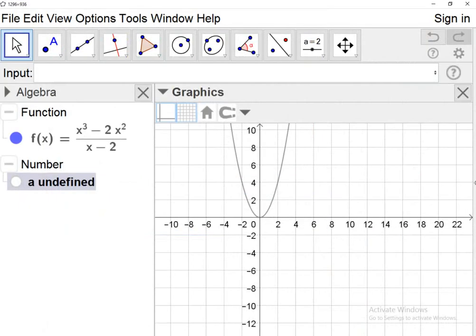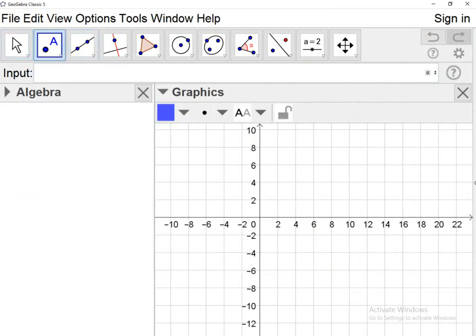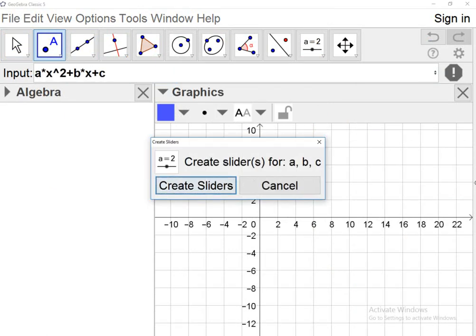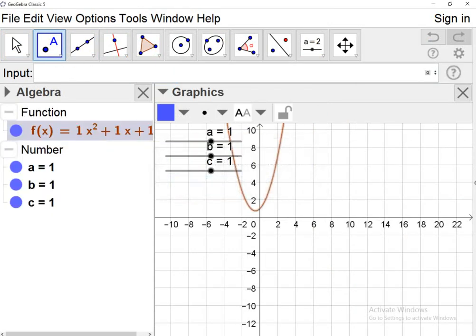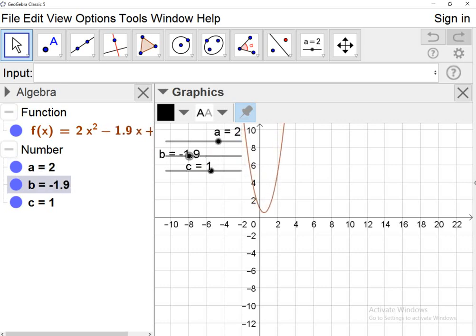So if I were to give you a times x squared plus b times x plus c, create a slider here. Let's say that a is 2. Let's go b is negative 5.